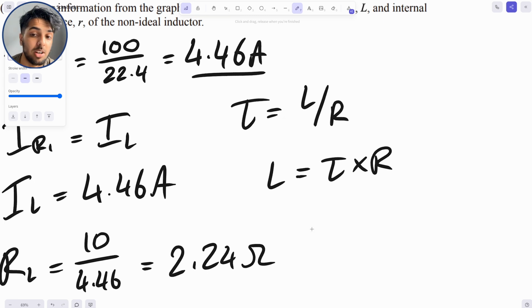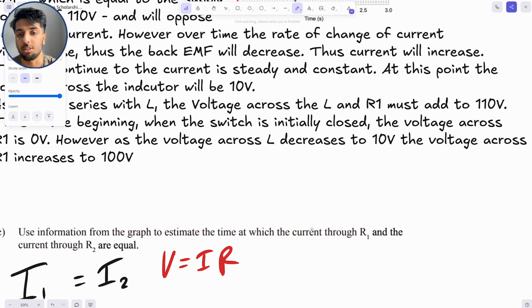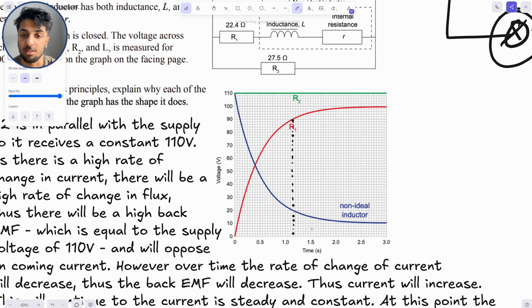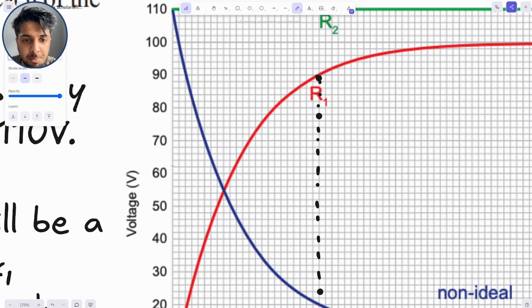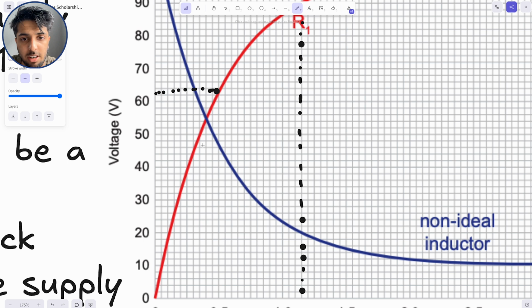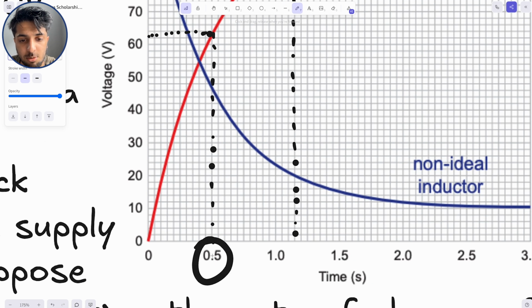Now to find our time constant, we can figure out the time taken for R1 to increase its voltage by 63%, and thankfully this is very simple math. As the voltage of R1 plateaus at 100 volts, we know that a 63% increase will be at 63 volts. So if we zoom in, 63 volts will be roughly here, and if we draw a line across and straight down, we get 0.5 seconds.